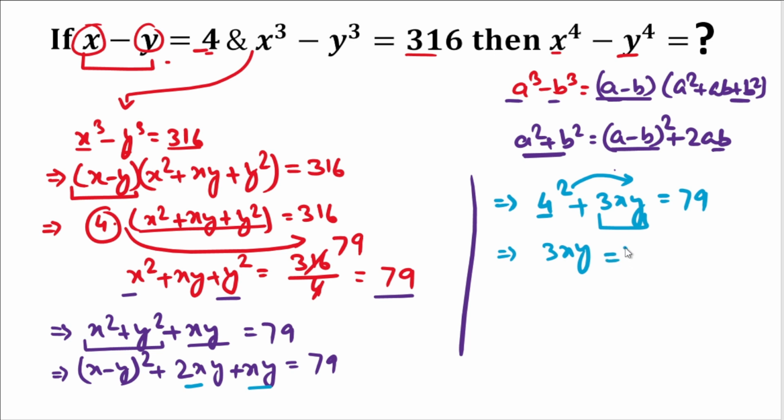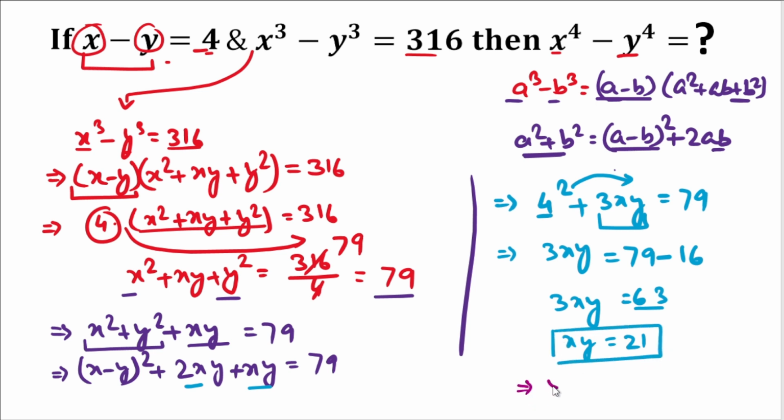So 3xy is equal to 79 minus 16, which is 63. So the value of xy is 63 divided by 3, which is 21.